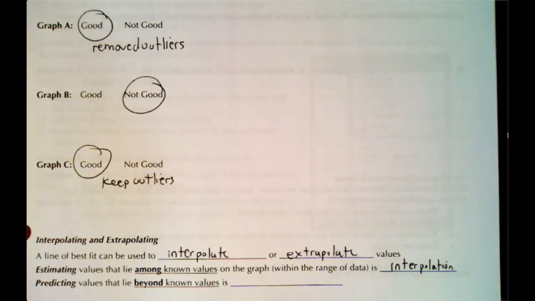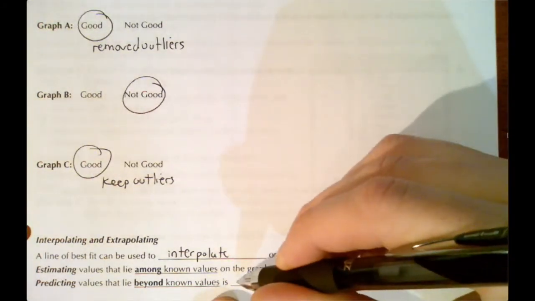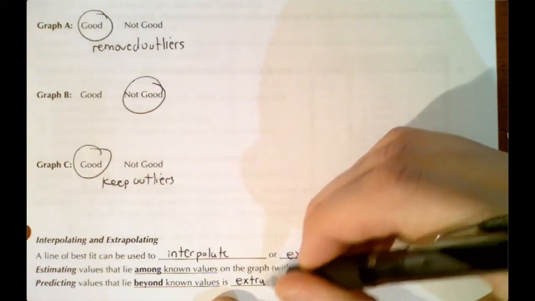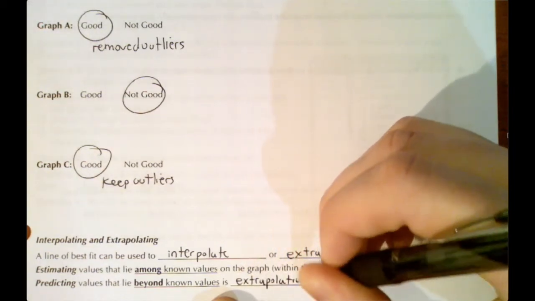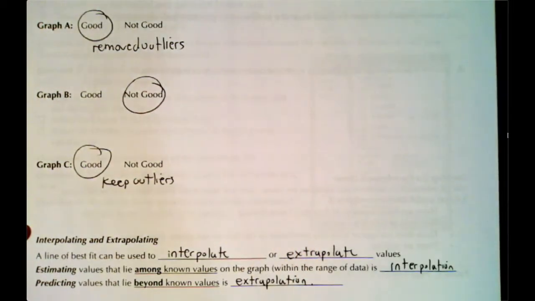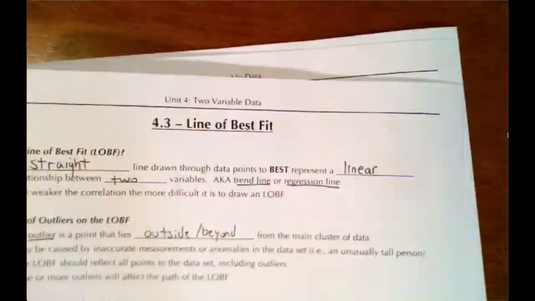If you're predicting beyond known values, that is extrapolation. So what we're going to do next is, by hand, create a scatter plot. We're going to draw a line of best fit, determine the equation of the line of best fit, and make some predictions using our line. So let's try that next.